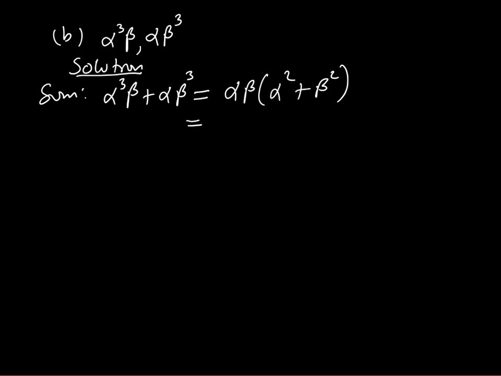And we found out that alpha plus beta was minus 7, and then alpha squared plus beta squared from the previous question, we have this as 39, if I'm not mistaken. So what do we get when we multiply negative 7 by 39? You end up with negative 273. What about the product?